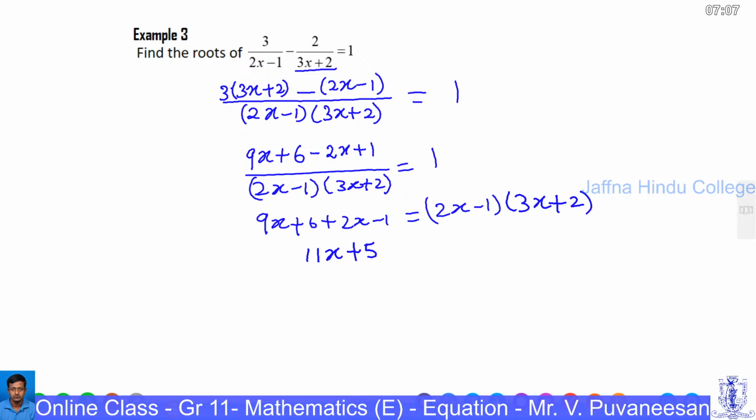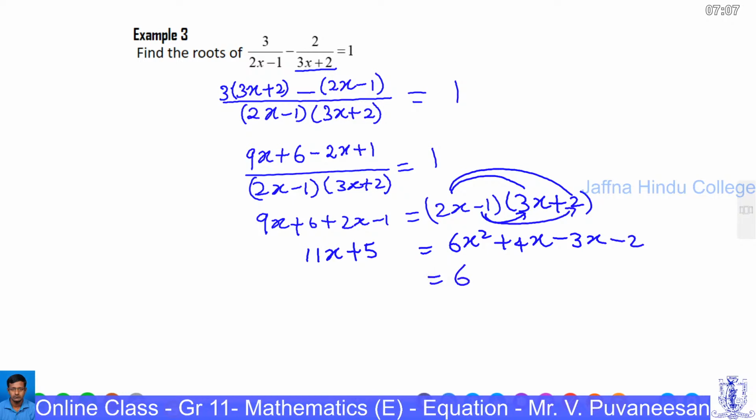plus 5 equals, now we multiply the 2x minus 1 into 3x plus 2. First 2x into 3x, 6x square, 2x into 2 plus 4x, minus 1 into 3x, minus 3x, minus 1 into 2, minus 2.